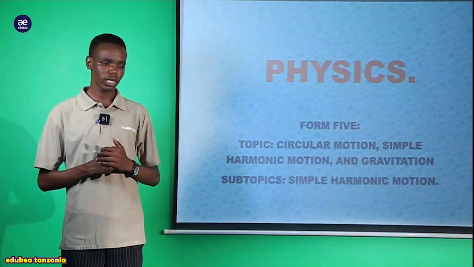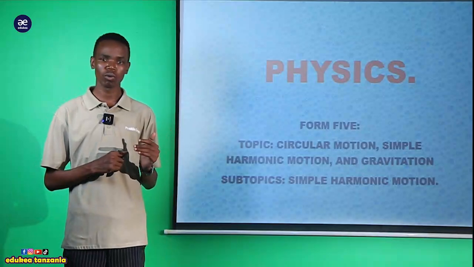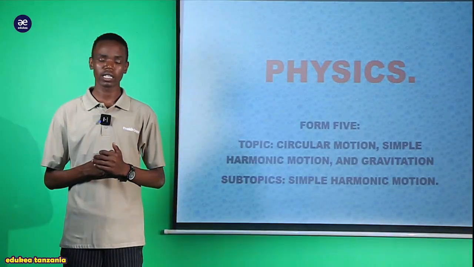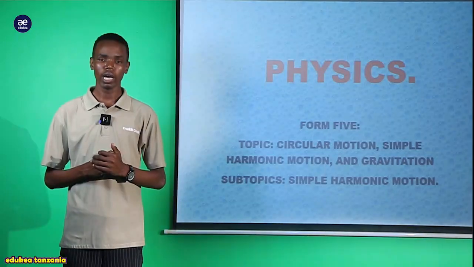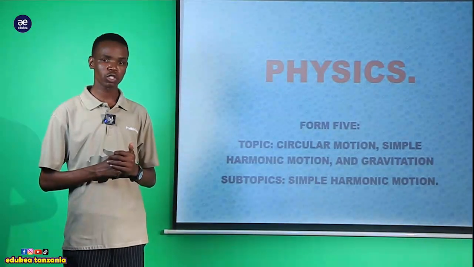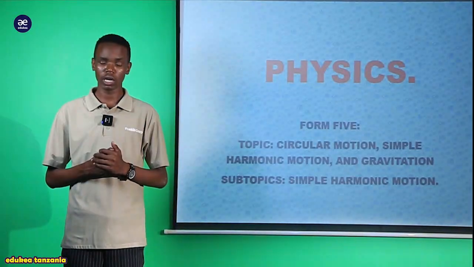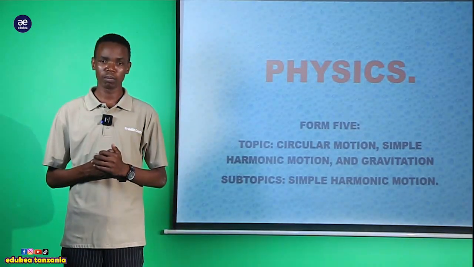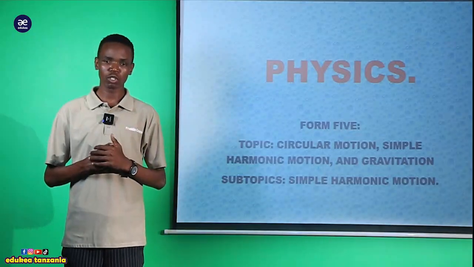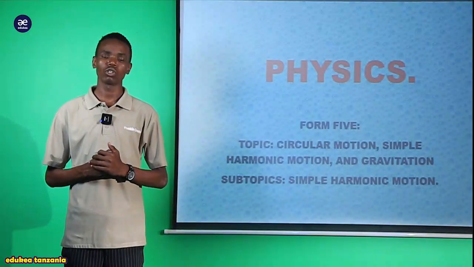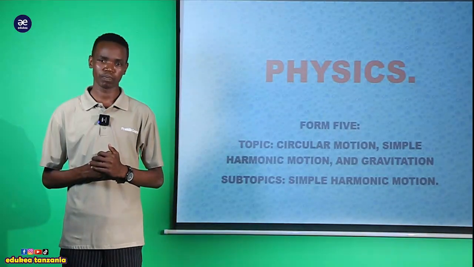We said that the period of oscillation must be equal to 2 pi times the square root of h divided by g. After that, we saw the concept of energy change in simple harmonic motion, and we demonstrated the formulas for the potential energy and also the kinetic energy.